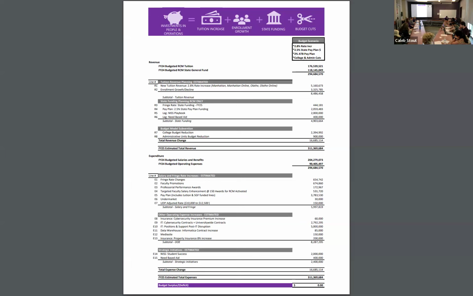That's again our big investment area this next year. It's going to be positions and support post-IT disruption.